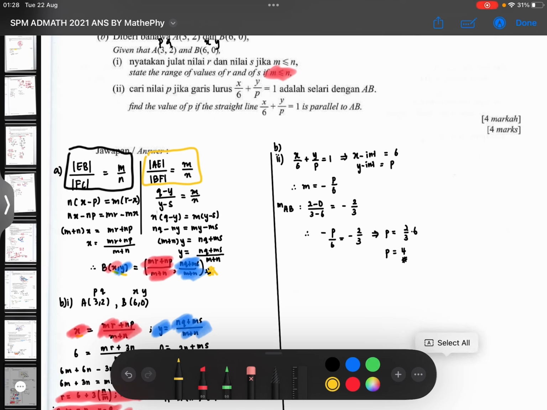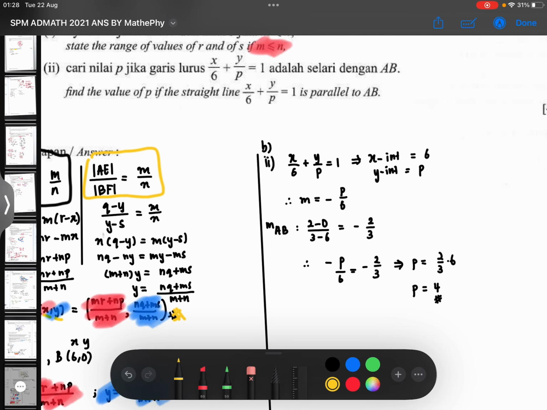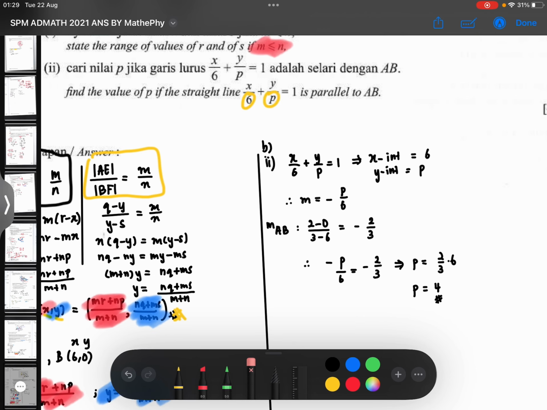Question B2. Find the value of P, the straight line x over 6 plus y over P is 1. So this is in intercept form, I guess. So in intercept form, we know that the x and y intercepts are the denominators, but you need to remember the plus sign between.